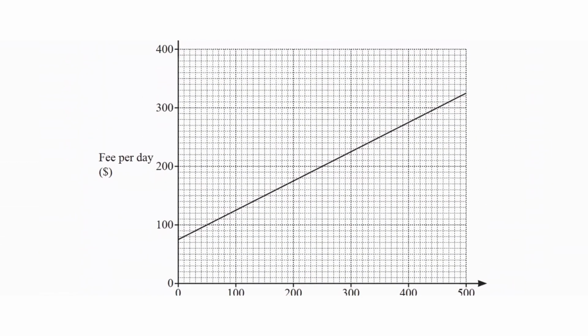So since the initial amount is 90, our first point is going to be 0, 90.